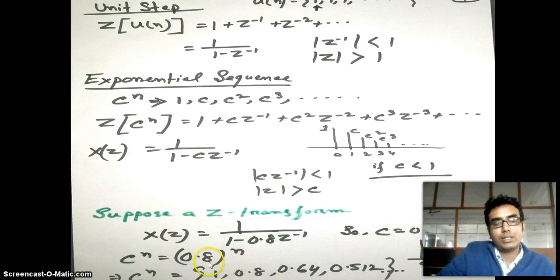So the discrete signal is c to the power n, that means 0.8 to the power n. That means when n equal to 0, it will be 1, n equal to 1, that means 0.8, 0.64, and so on. So if you draw the signal, it will become 1 at 0, 0.8 at 1, 0.64 at 2, and so on.